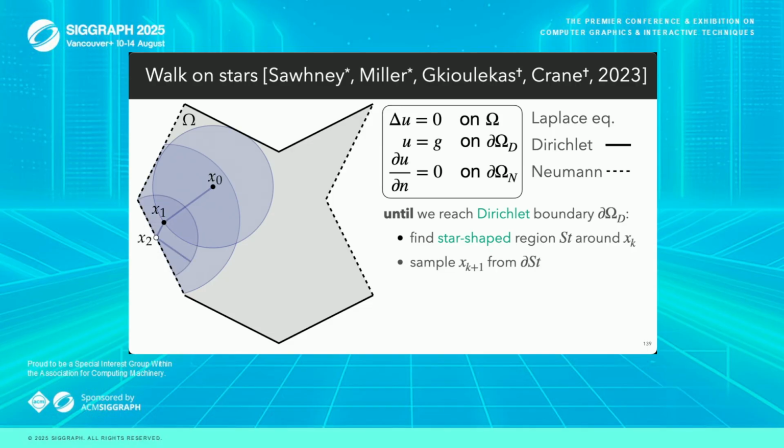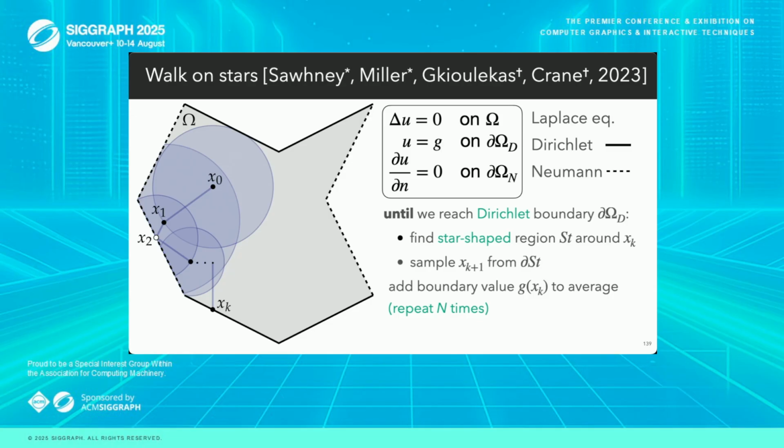And then we just continue to sample points as we would in walk-on-spheres until we reach the Dirichlet boundary, where we'll add a Dirichlet value to our estimate. And we can just repeat this walk procedure many times and take the average of all of these Dirichlet values, and this will give us the solution to a PDE with Neumann boundary conditions.